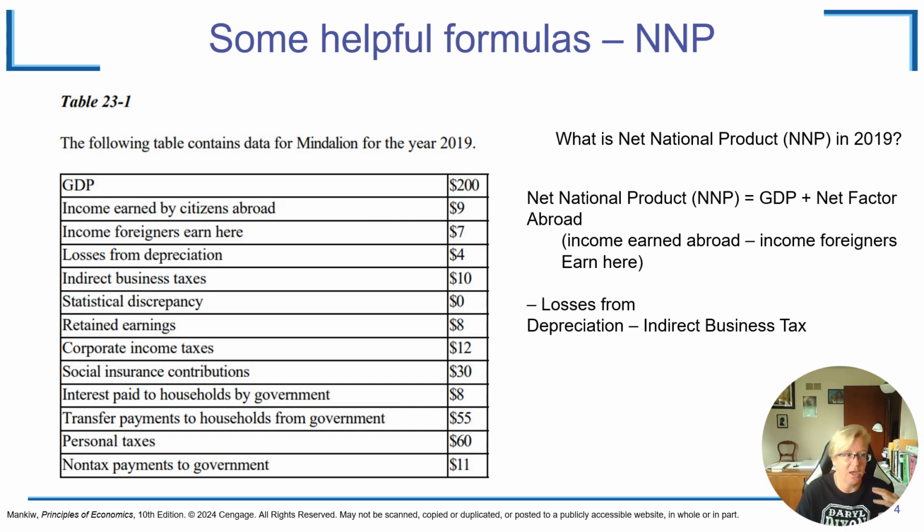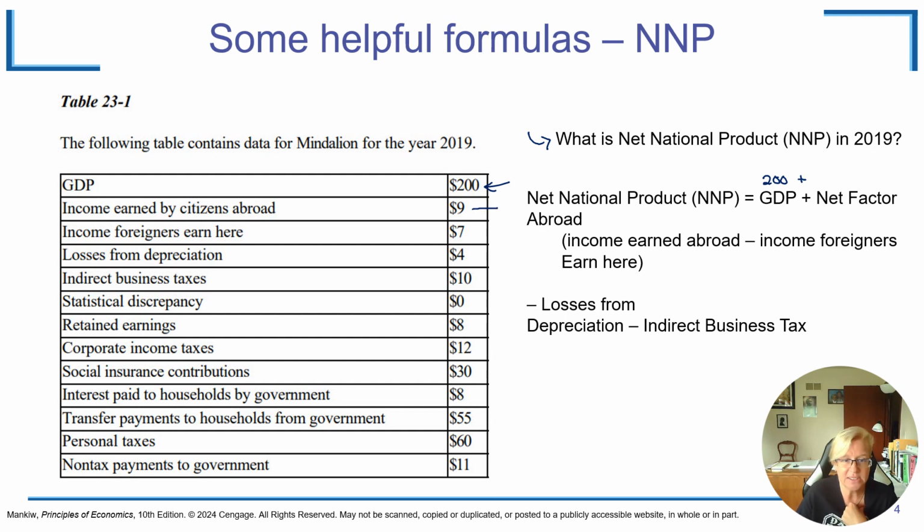So here we have income information for this country, and the question is: what is the net national product? What we're first going to do is take GDP, and it tells us right here that GDP is 200. And we're going to add that to what we call the net factor income from abroad. So the first thing we're going to find is income earned abroad by citizens.